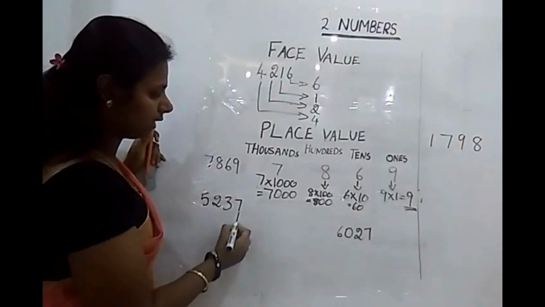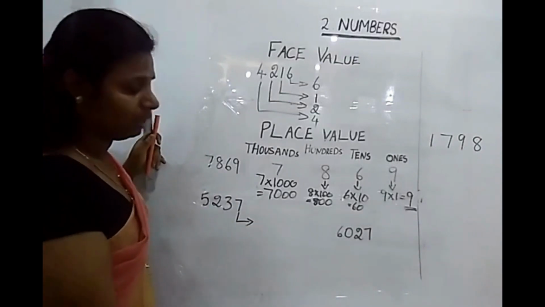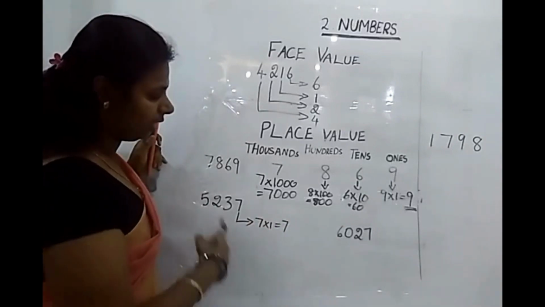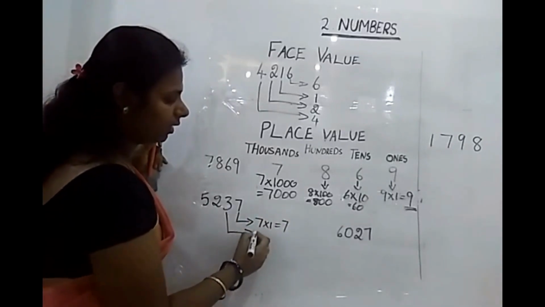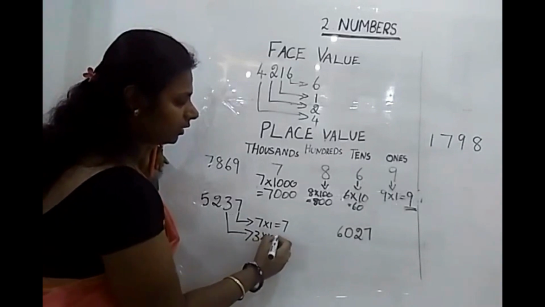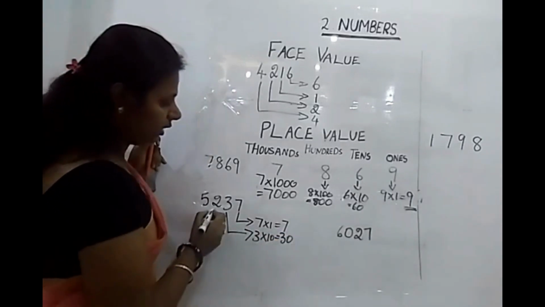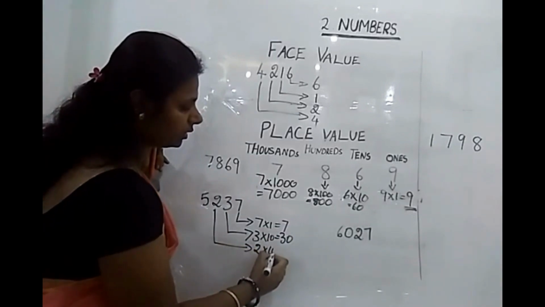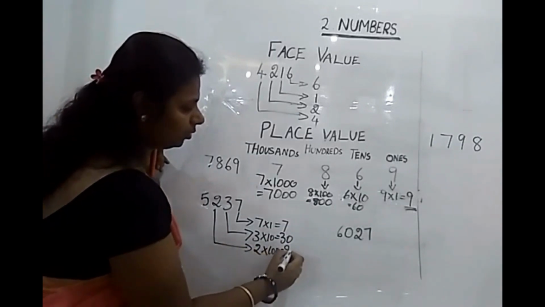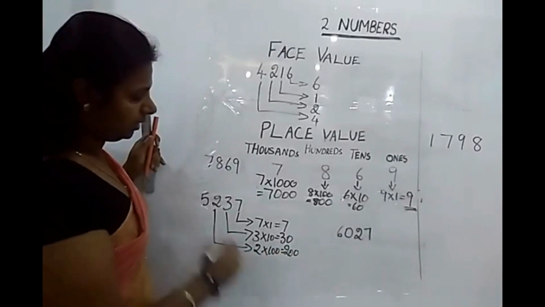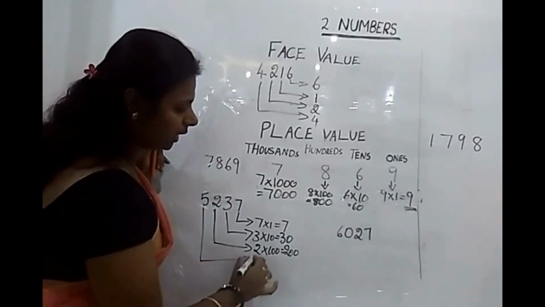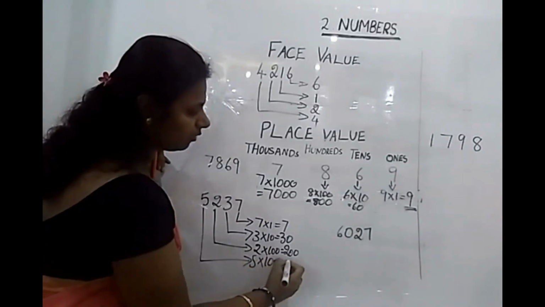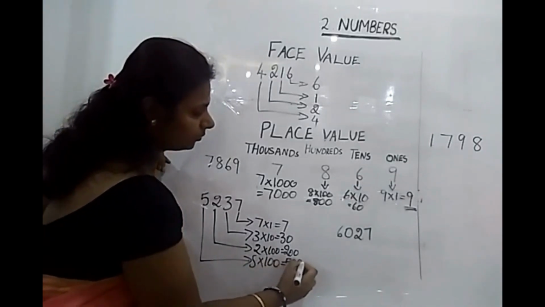Now, here see 7. 7 is in ones place. So, 7 ones are 7. Here 3 is in tens place. 3 tens are 30. 2 is in hundreds place. So, 2 hundreds are 200. 5 is in thousands place. 5 multiplied by 1000 is equal to 5,000.